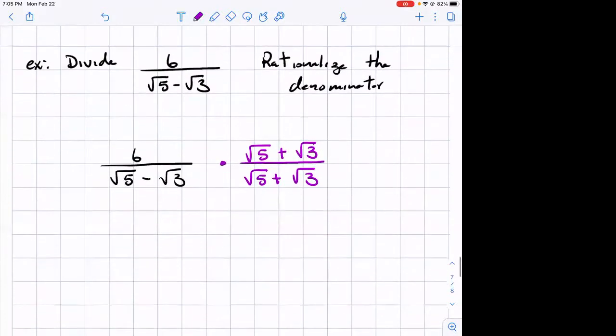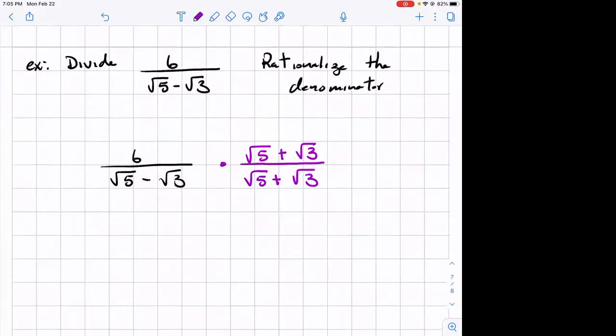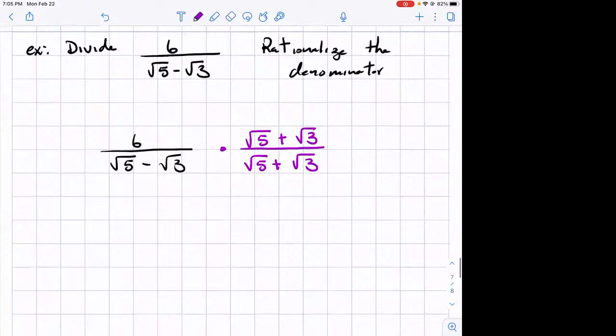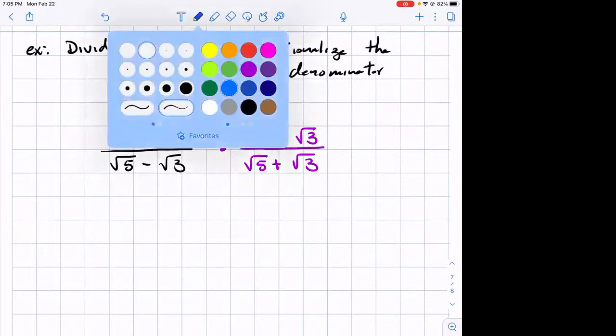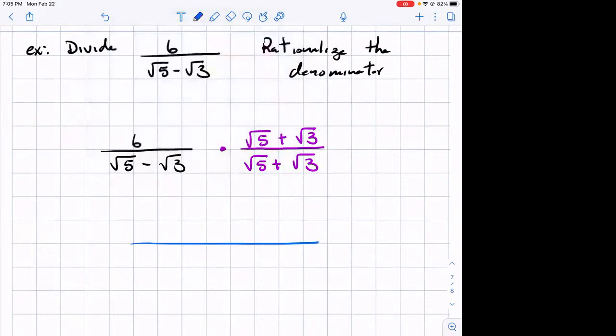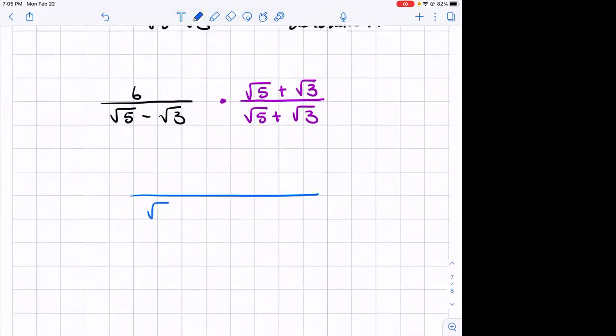It's only 1. So notice that the bottom is difference of squares, right? The bottom is difference of squares. So by multiplying out the bottom, you will get the square root of 5 squared minus the square root of 3 squared. And anytime you multiply by the conjugate, you will notice that that's happening.